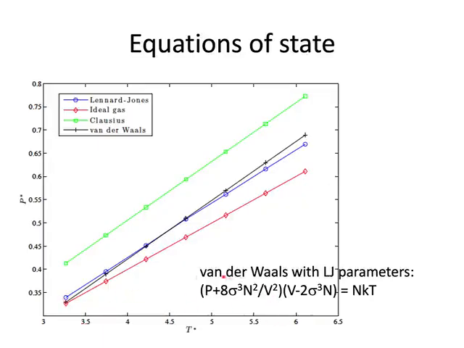And we see that the van der Waals equation of state follows it quite closely. Ideal gas, of course, does deviate. The Clausius gives a too high pressure, at least at these conditions that I've shown here.